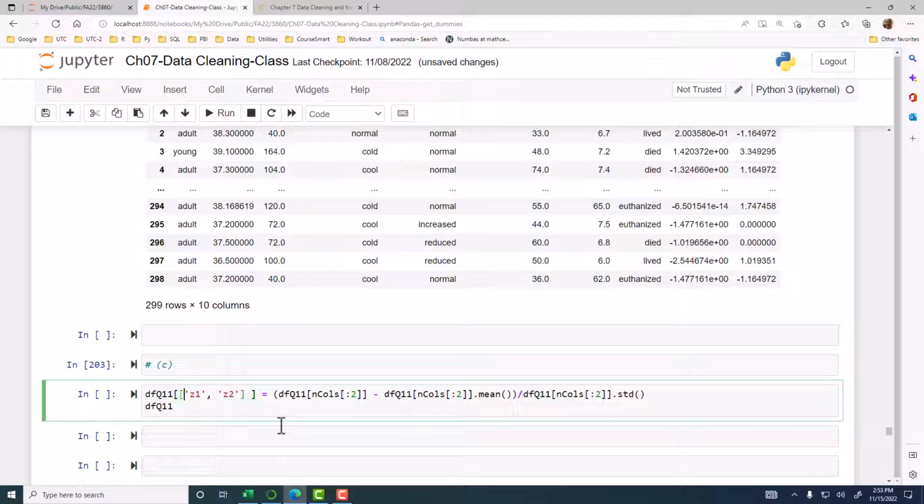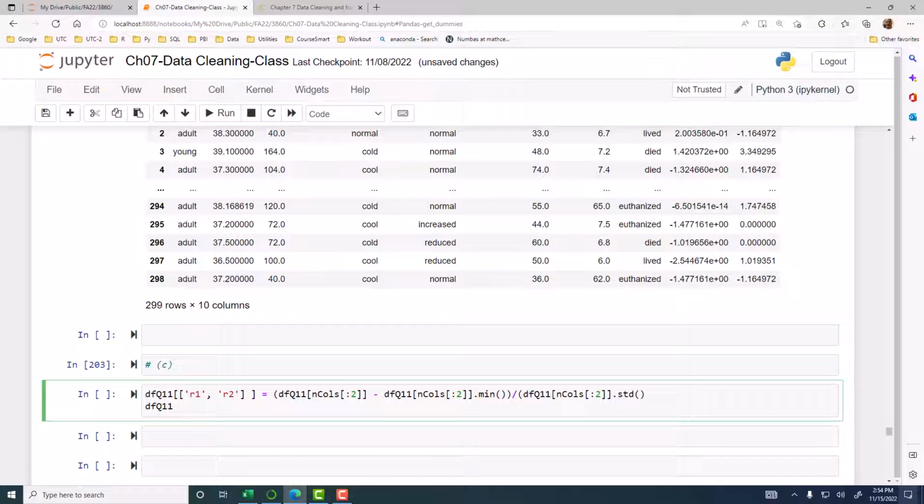Now we'll call this R1 and R2, range normalized, right? All right. Now instead of mean, we have to have min there, right? The actual value minus min, and the denominator. Okay, now I have to put that in parentheses.